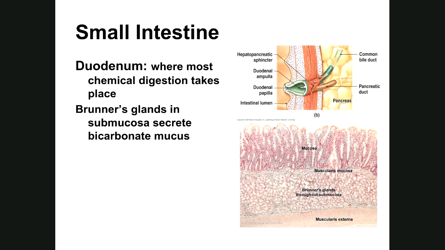It's linked not only to the stomach, but also to the pancreas. When the chyme enters the duodenum and causes CCK secretion, it stimulates the pancreas to secrete enzymes and causes bile release.